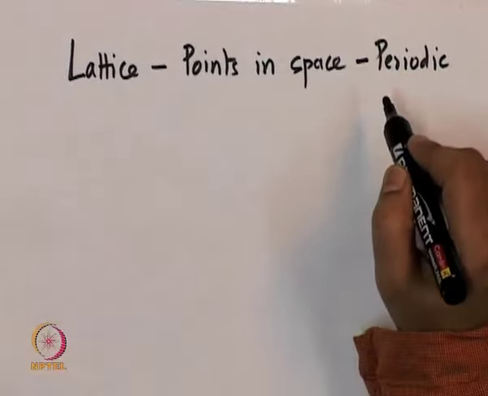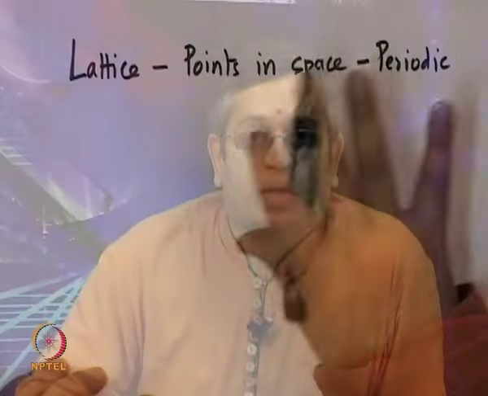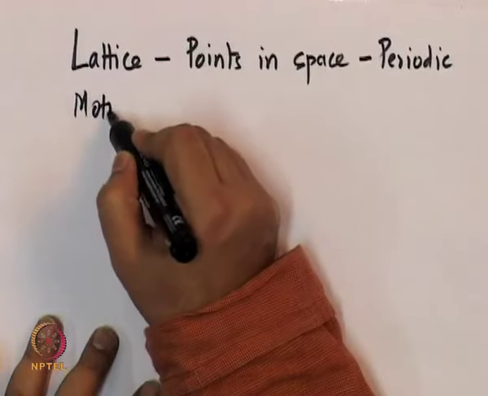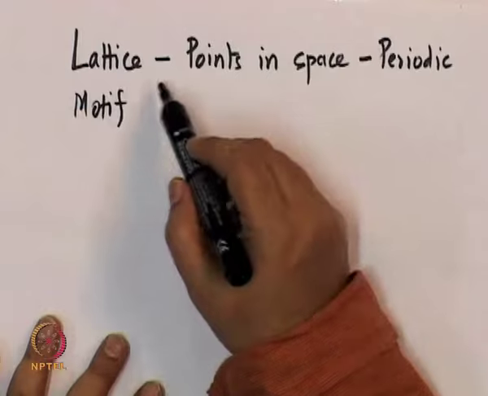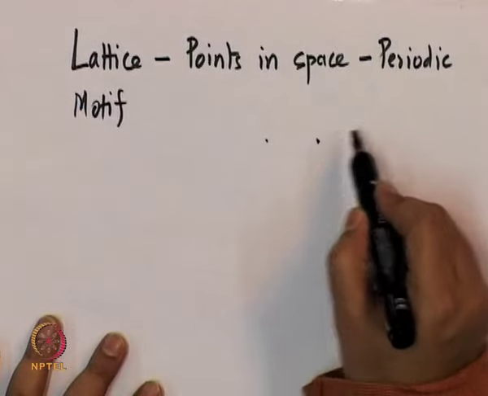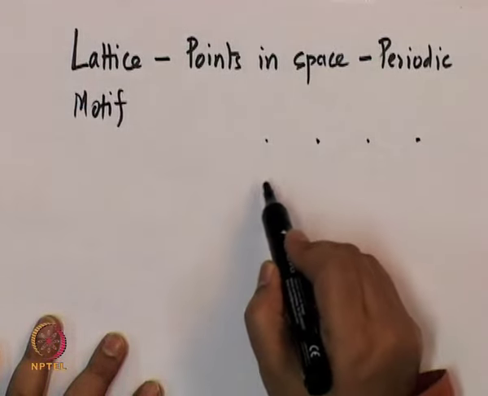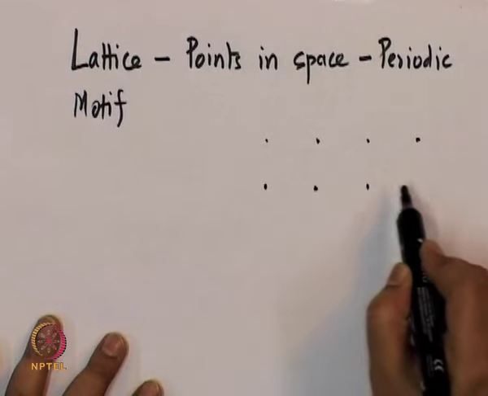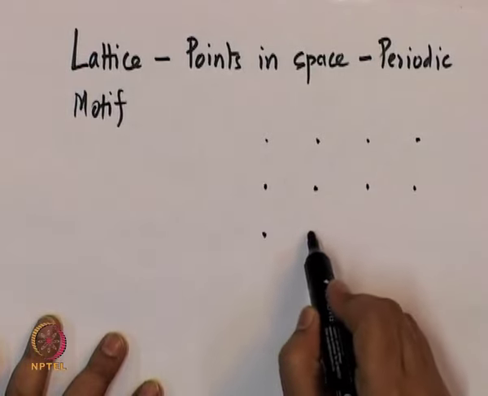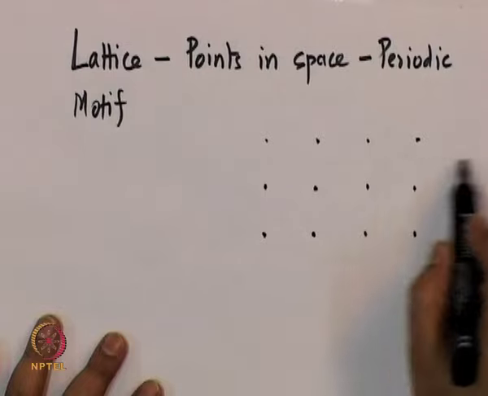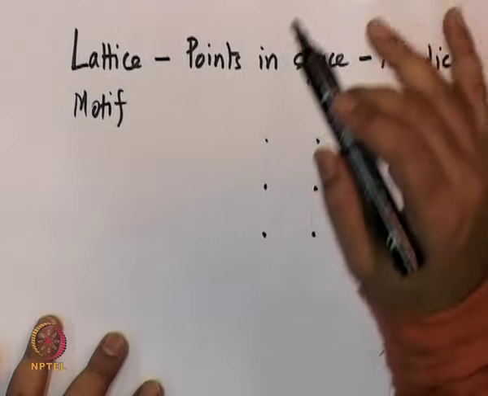Okay. So, the periodic array of points in space is known as a lattice, and if with every lattice point you associate certain atoms or molecules, what you associate is known as a motif. For example, I might have this as my lattice, and this continues in both the x and y directions, it is infinite.